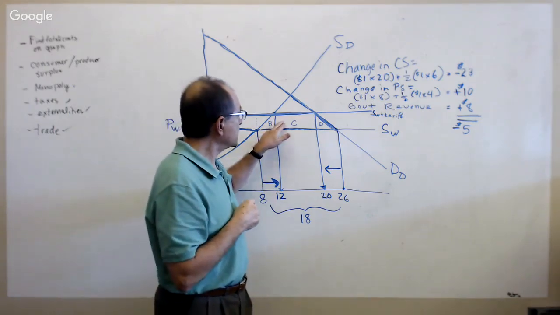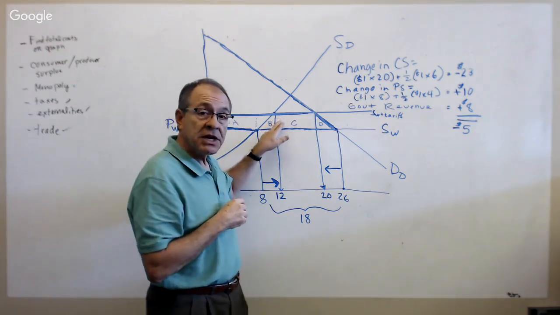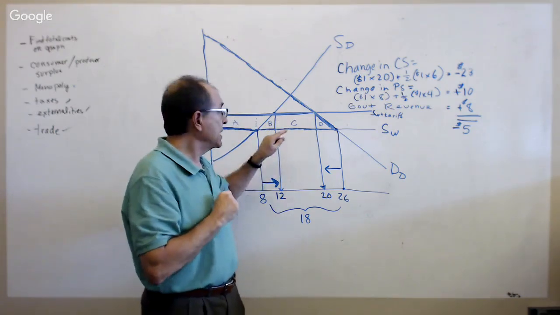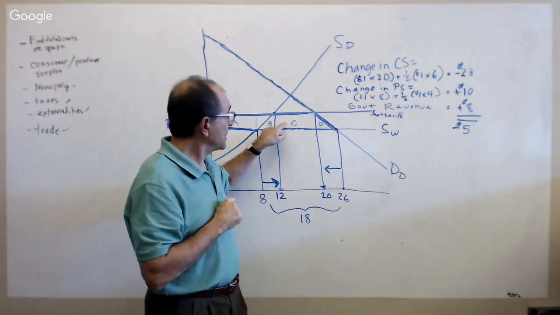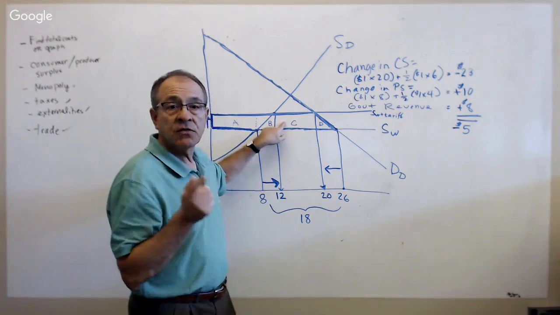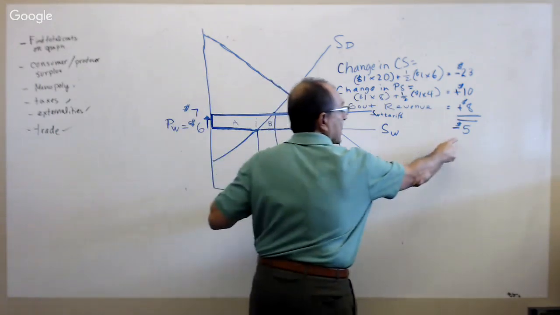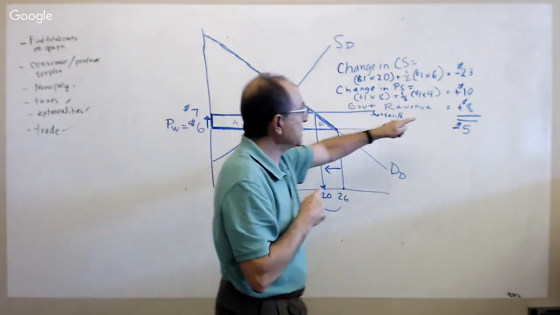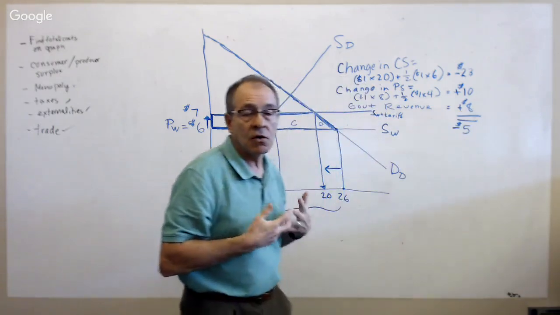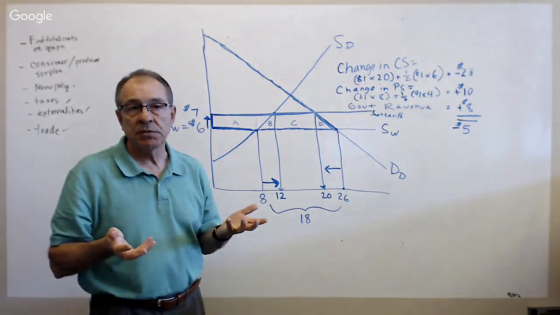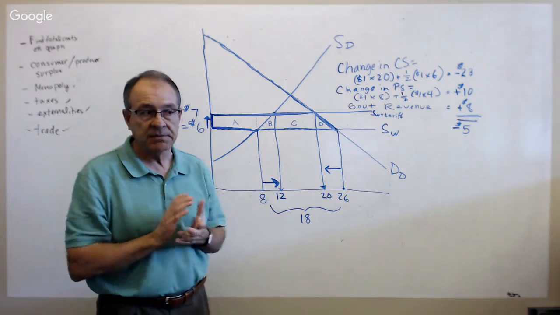It's as if the U.S. Treasury decided to write a check to foreign suppliers. So that means in addition to the -5 we would lose, we would also be losing the government revenue, so that overall the United States would be poorer by -13.